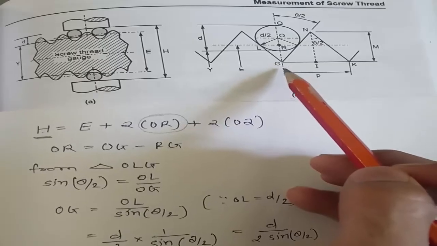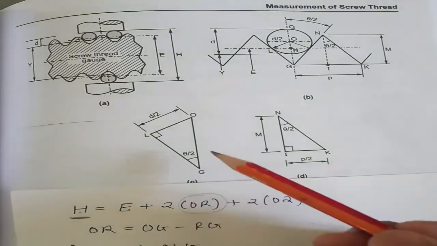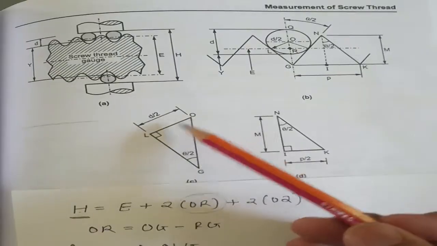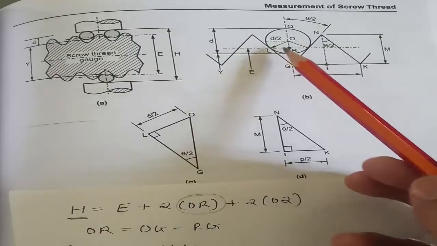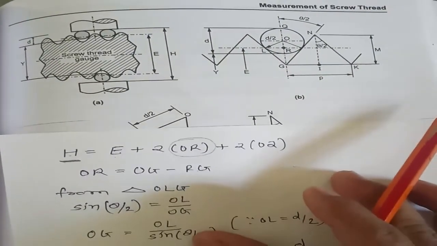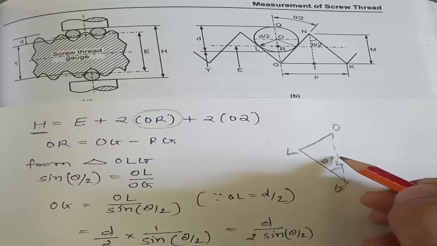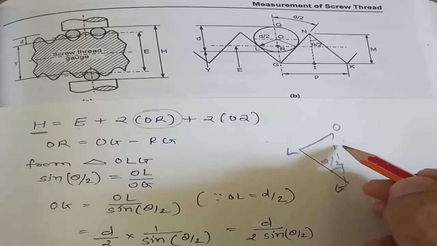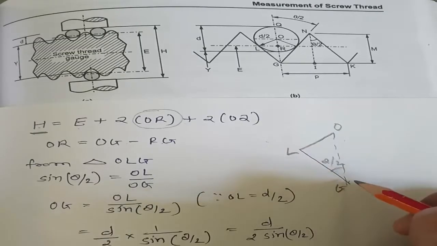From the triangle O, L, G, sine theta by 2 is equal to OL upon OG.